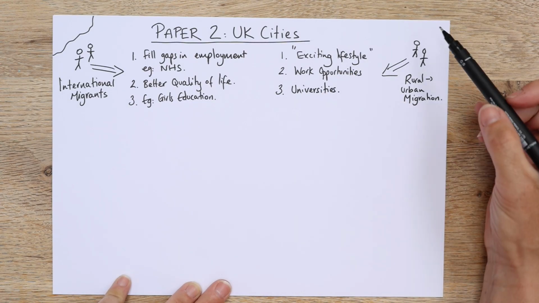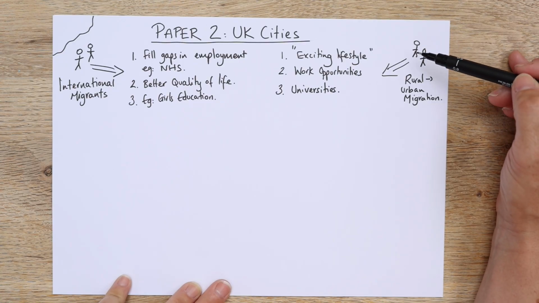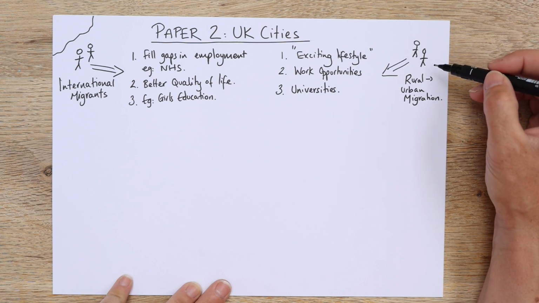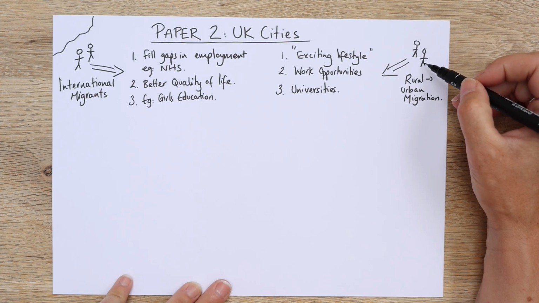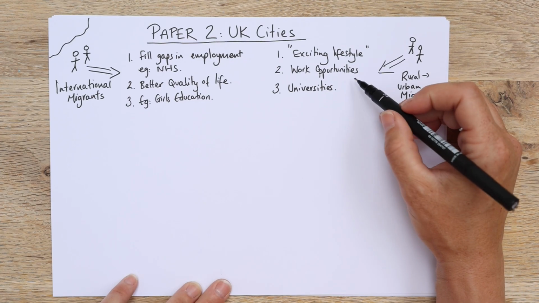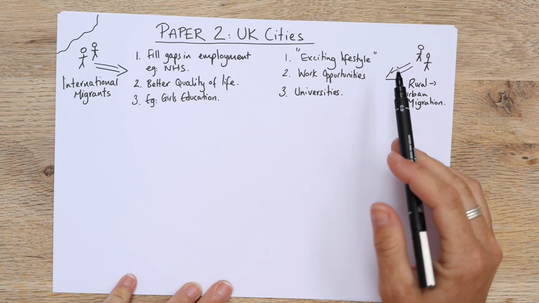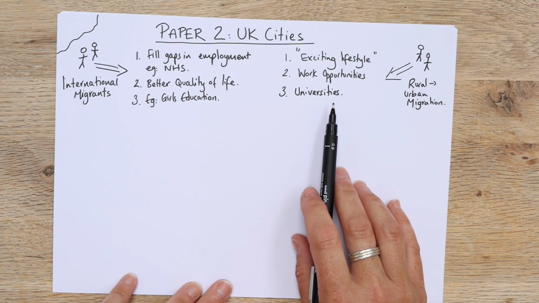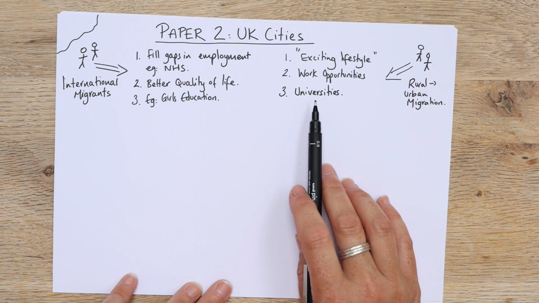Now, what happens is these people who, let's say, go somewhere like West Sussex or Somerset, and they're moving to, say, London, and they're going to university there. But then what happens very often is they stay in London.